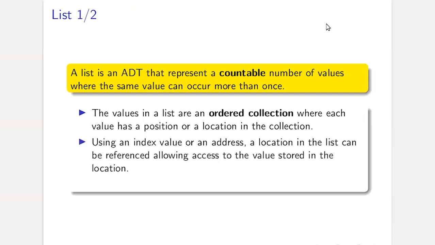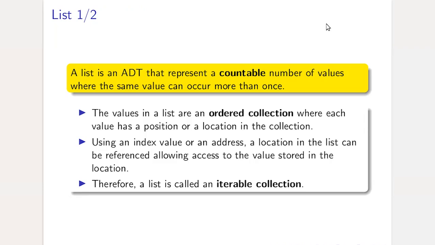So if that is the case, we can refer to these values by an index or the address. So this is a very useful capability because with the availability of an address, we can iterate through a collection.